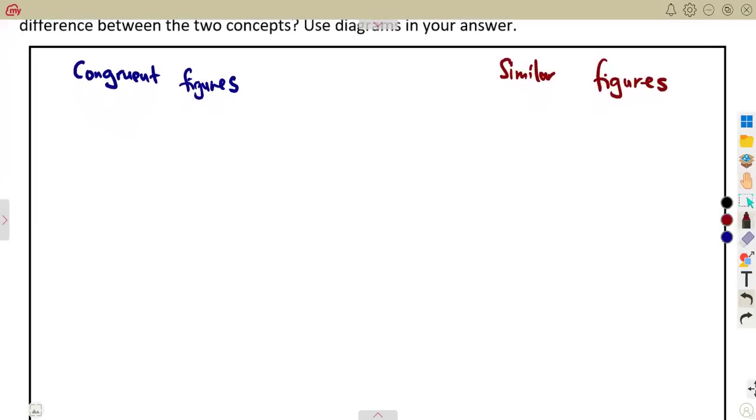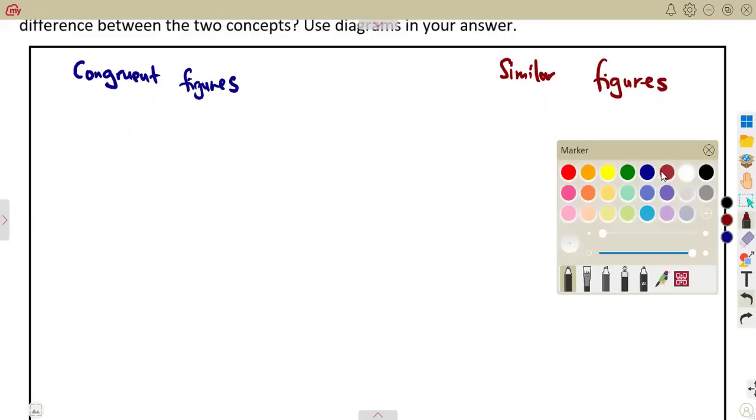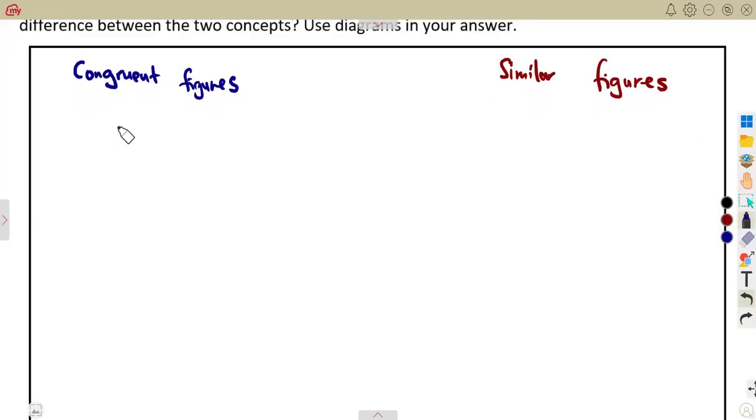I'm just going to use triangles, which is best for us to understand this. If two triangles are congruent, they are exactly the same, of the same size. Identical.